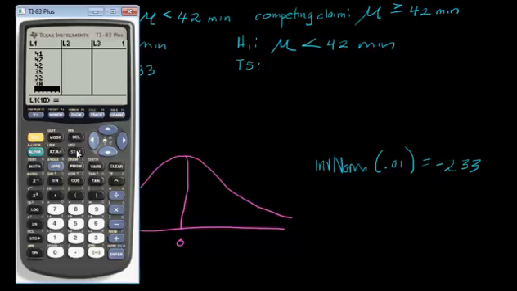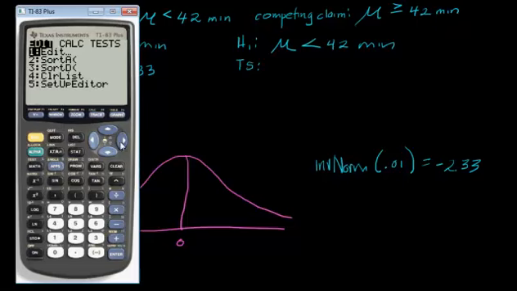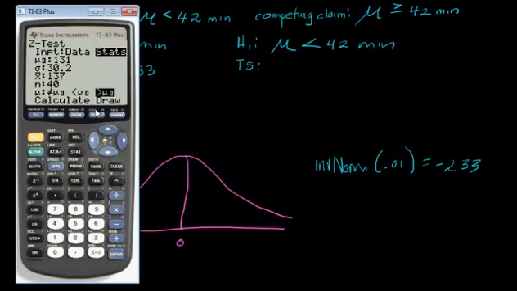Now I'm ready to say stat, tests. We want the z-test, enter. Now that I have data, I'm going to highlight data with my tab, enter. So now data is highlighted. The value with H0 is 42 minutes.